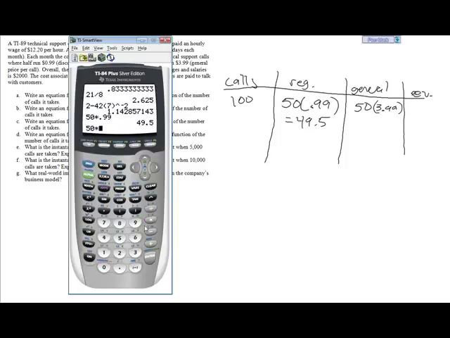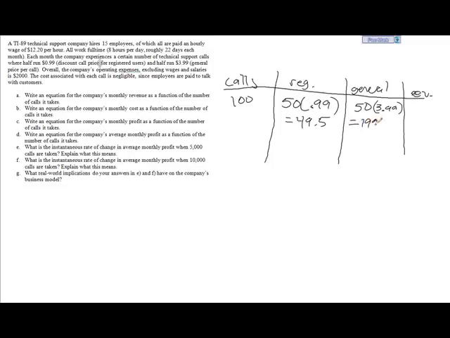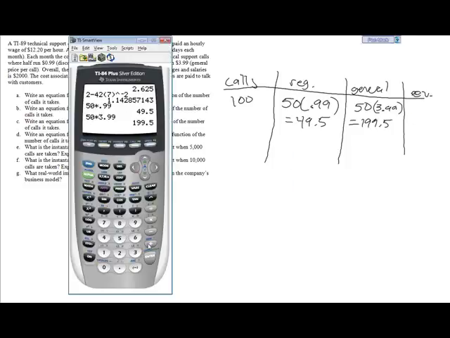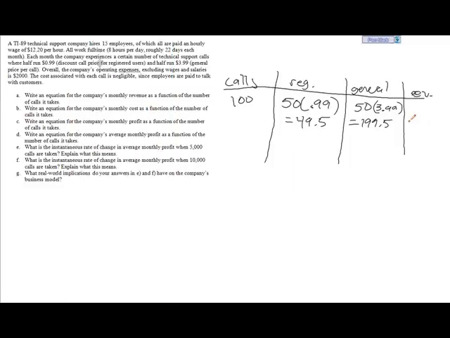So 50 times $3.99, they will earn about $199.50 from them for that month. So their total revenue will be the sum of this plus this, which will give us $249.